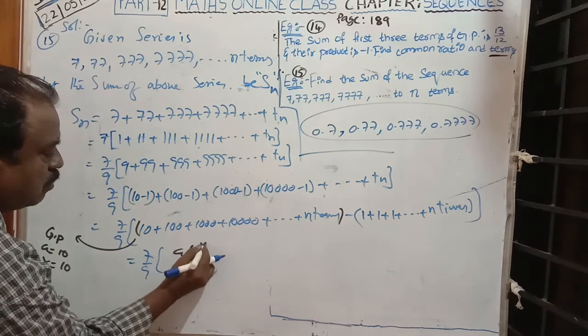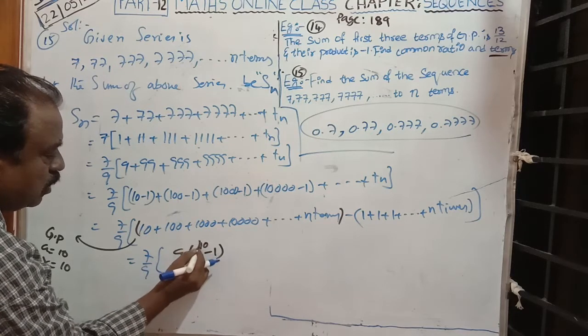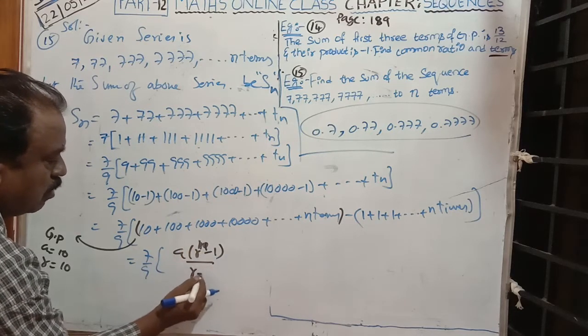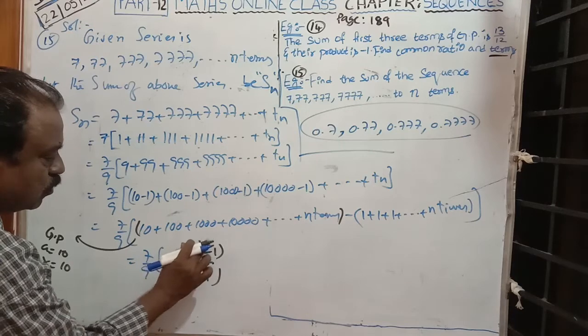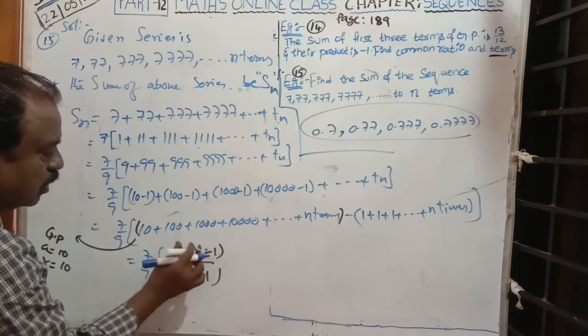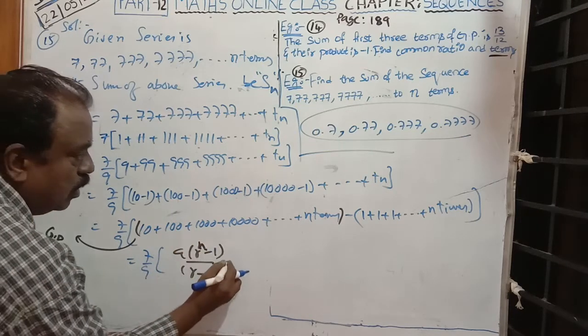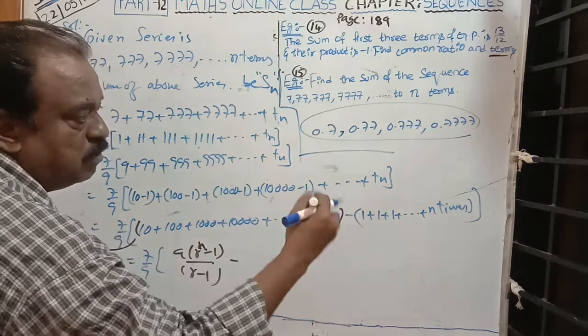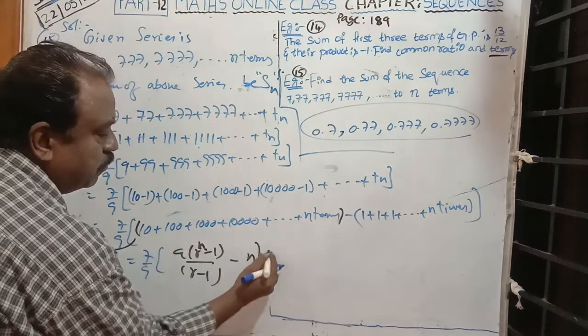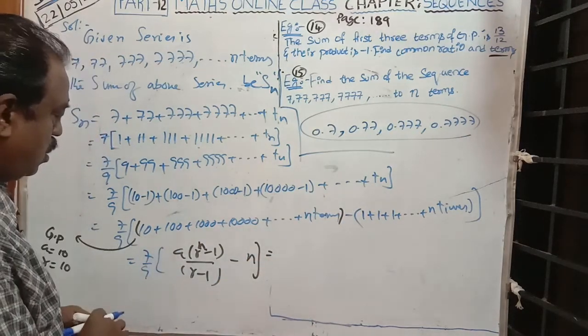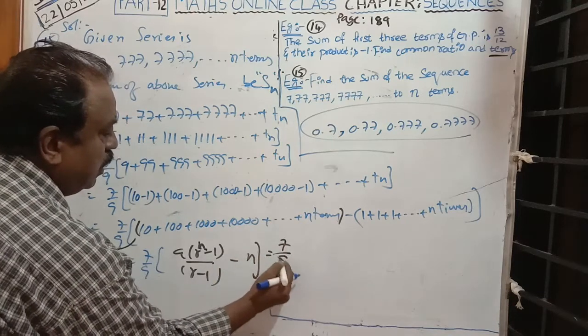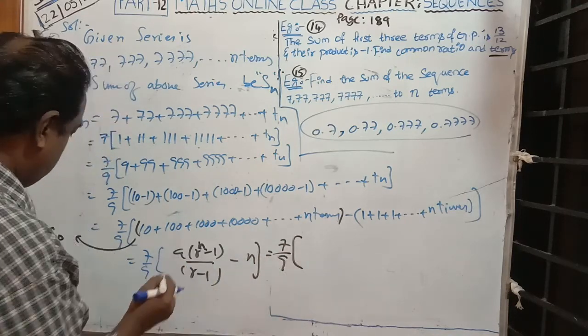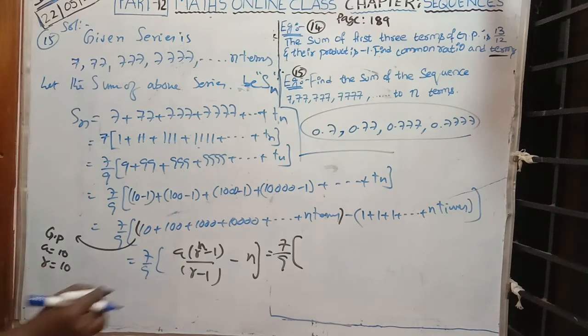A of R power n minus 1 by R minus 1, okay? A formula is there. That is 1 plus 1 plus n times. It is n only. Now you see, it is 7 by 9 into A is 10, R is also 10.